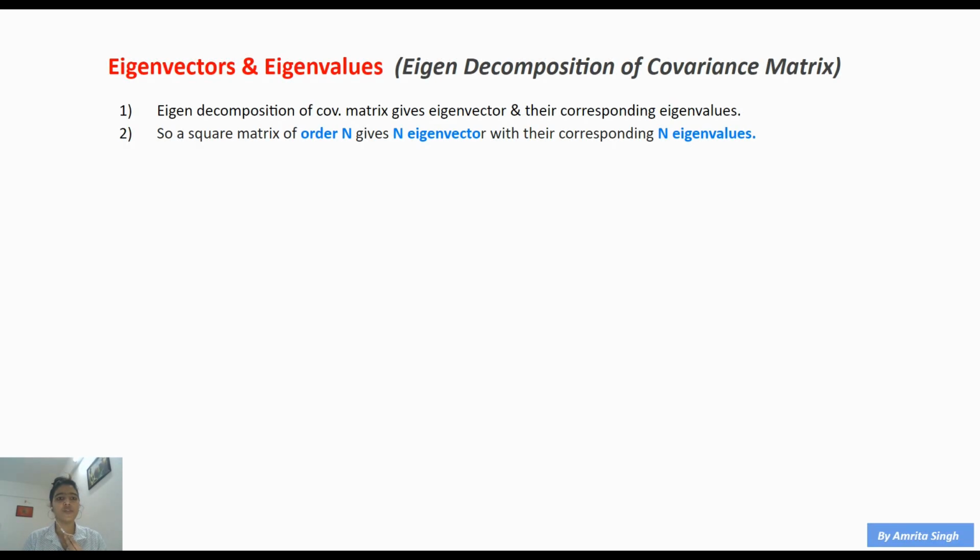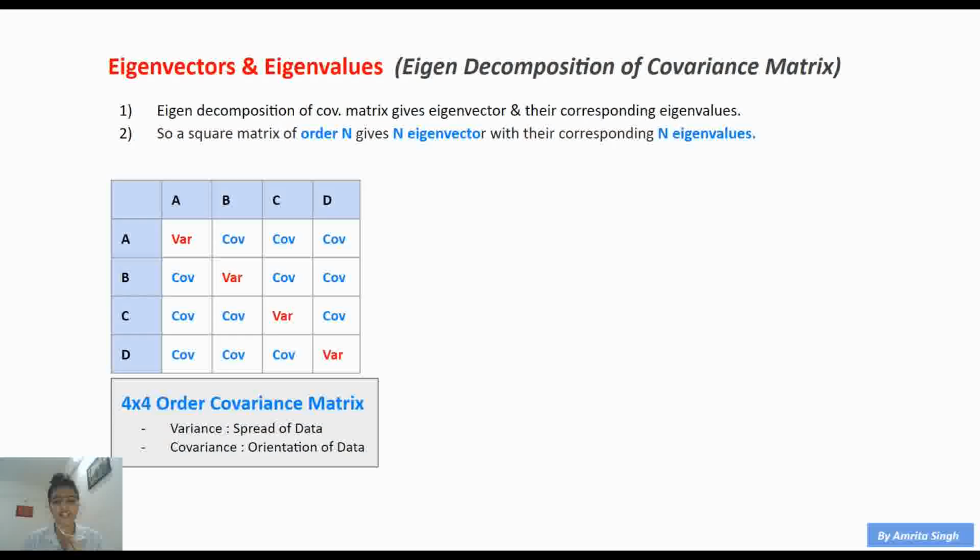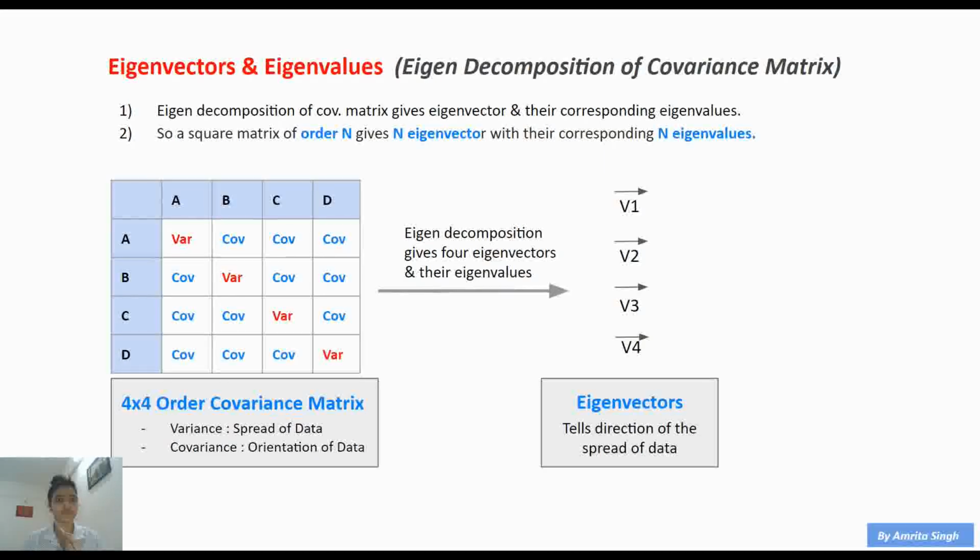So in this slide, just understand one thing: a covariance matrix of order n will always give you n eigenvectors, and corresponding to them n eigenvalues. Here we have a 4 cross 4 covariance matrix, so eigen decomposition gives 4 eigenvectors.